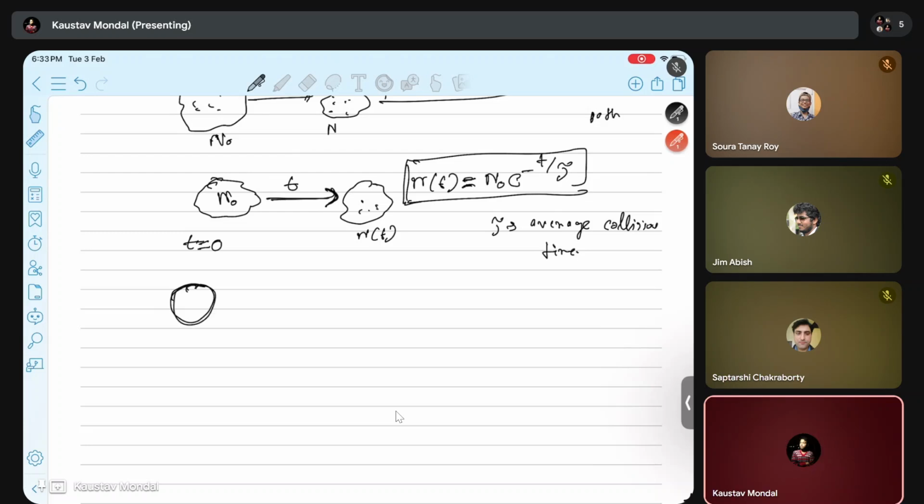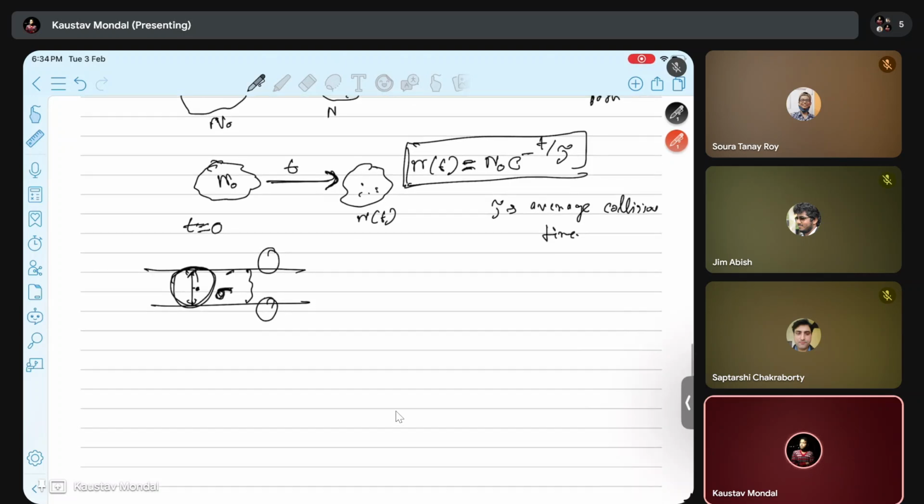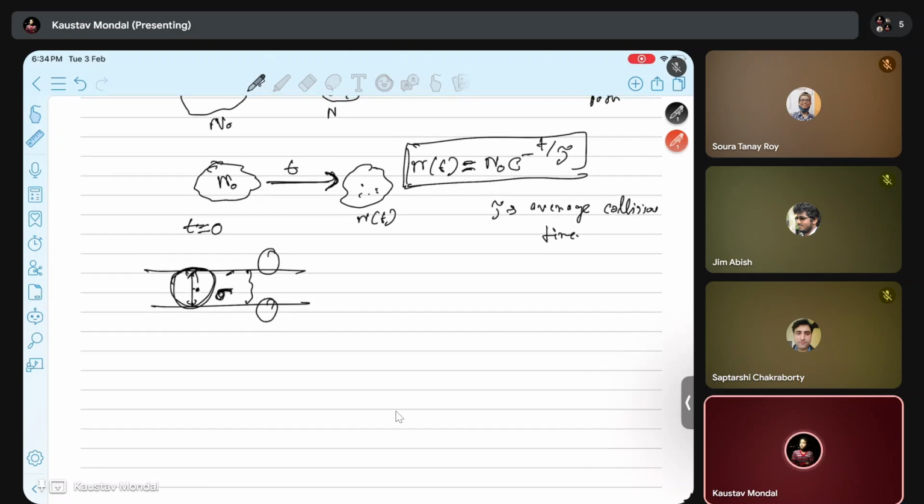If a gas molecule is moving like this, the diameter sigma gives the range: if any other gas molecule comes within this range, it will suffer a collision with that molecule. So sigma is the effective diameter of this particular gas molecule. This collision time tau is also related to this sigma.